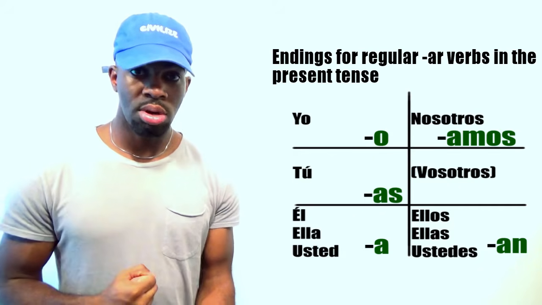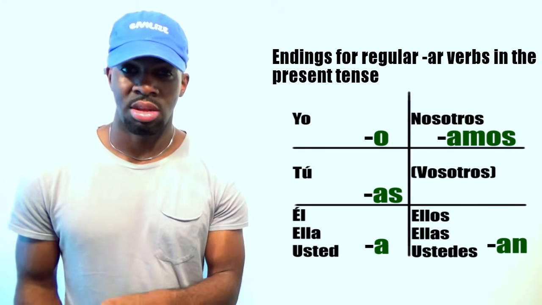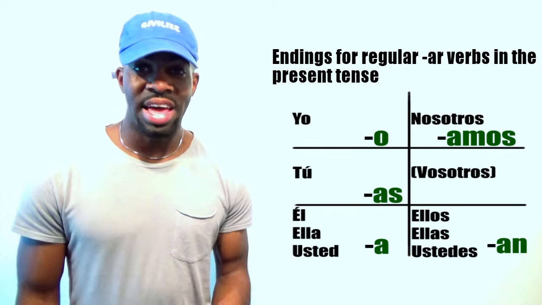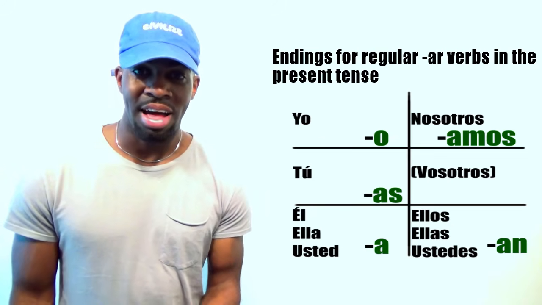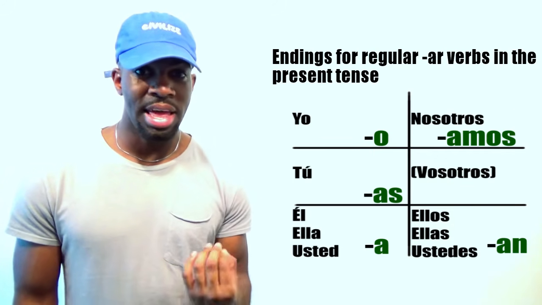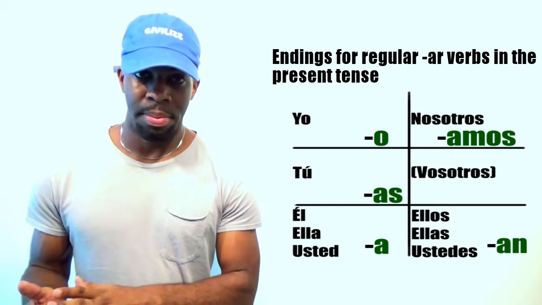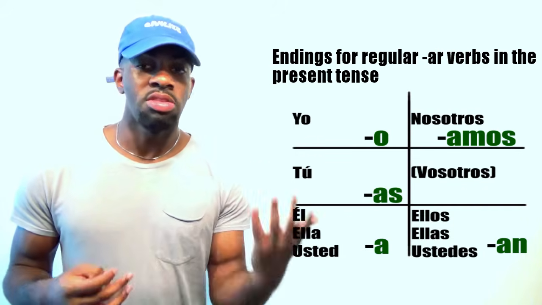Next we have tú, and the ending for tú will be as. Tú, as. For él, ella, and usted, it will be a. Él, ella, usted, your ending for your word will be a. And I do want to mention here that él means he, right?